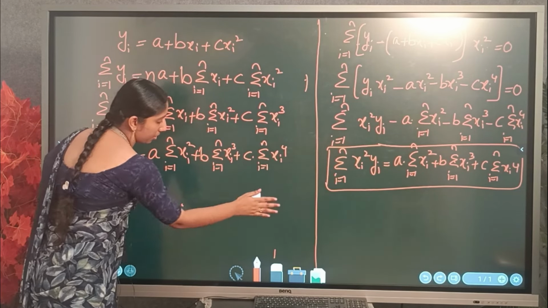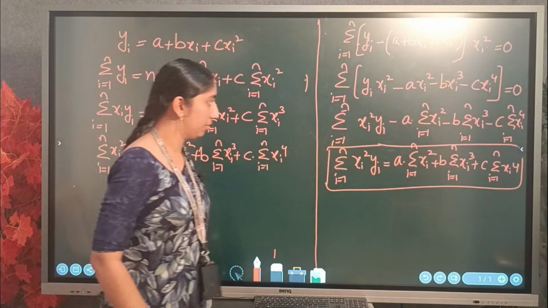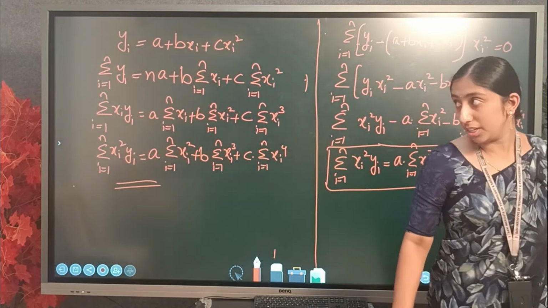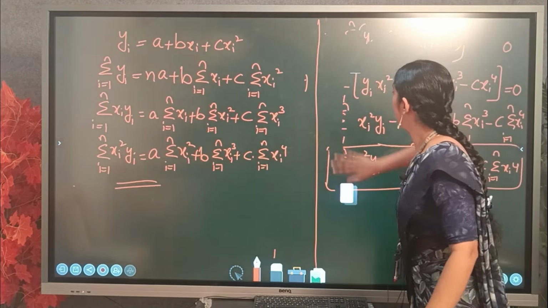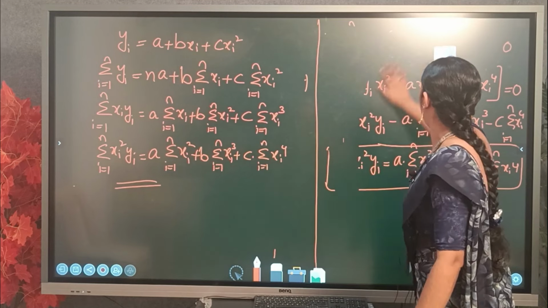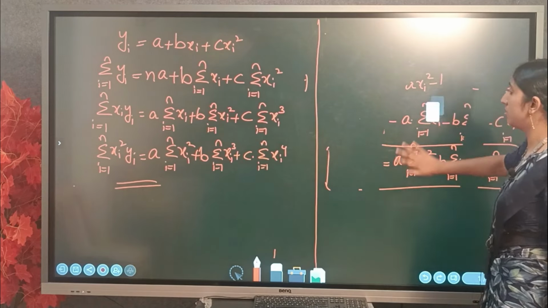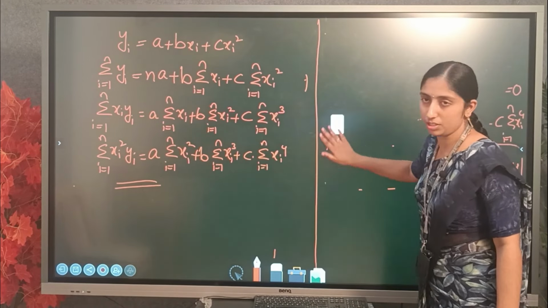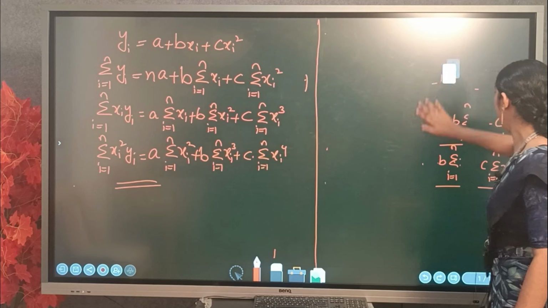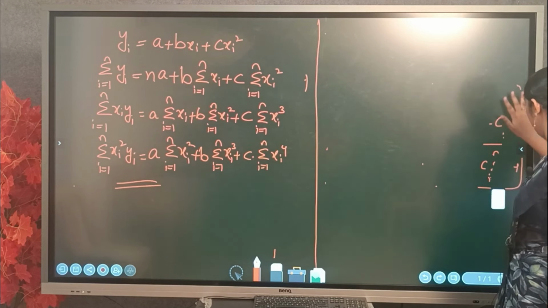Before doing this assignment, you have to know how to construct a table for a parabola. The reason we use these normal equations is to give a best fit for a straight line.